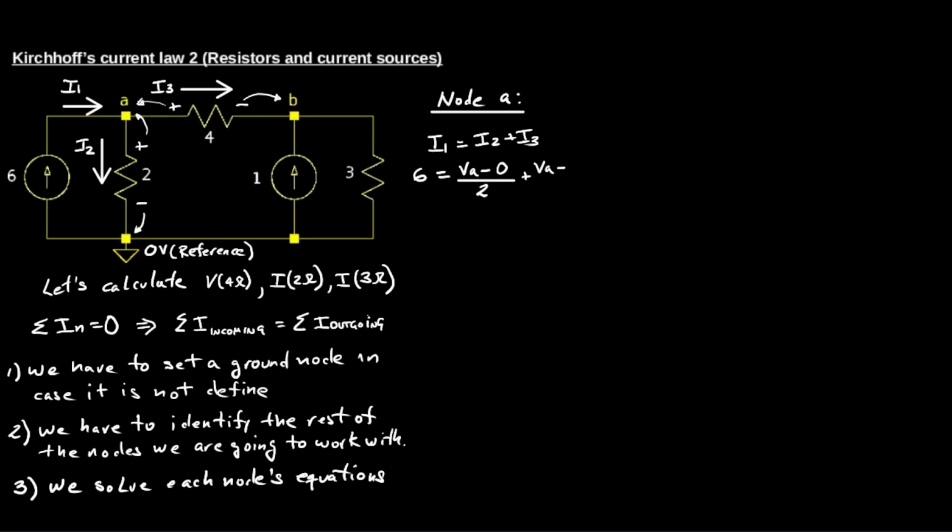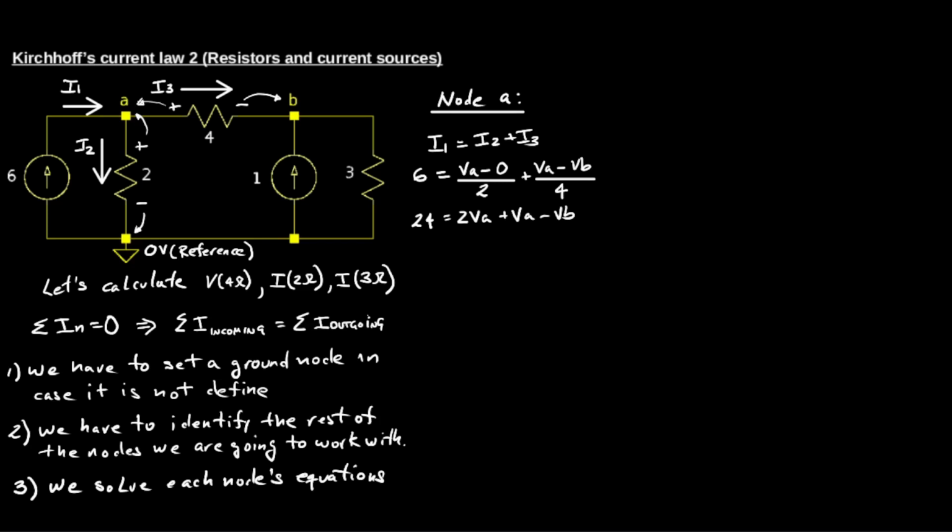I2, I'm going to express it by using Ohm's law. I know that the current across a resistor equals the voltage difference across it divided by its resistance. To find I2, the way I drew I2 causes a voltage drop with the polarity I can see across resistor 2, with the positive terminal on the upper side of the resistor and the negative polarity on the lower part.